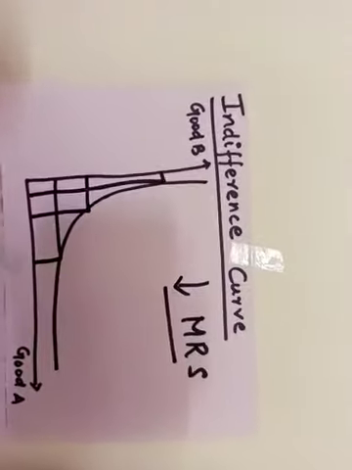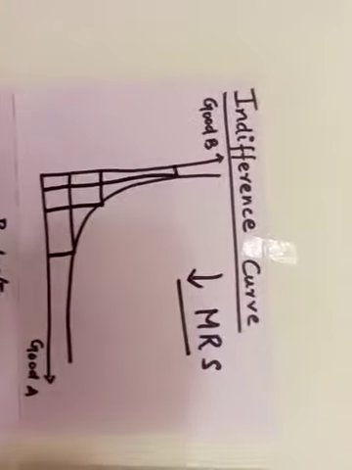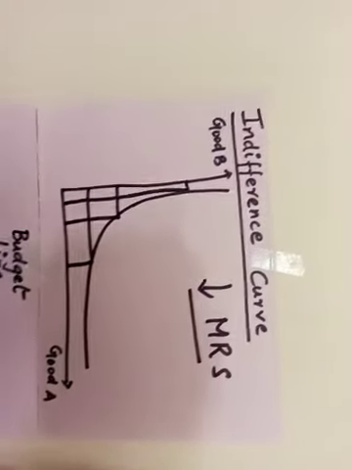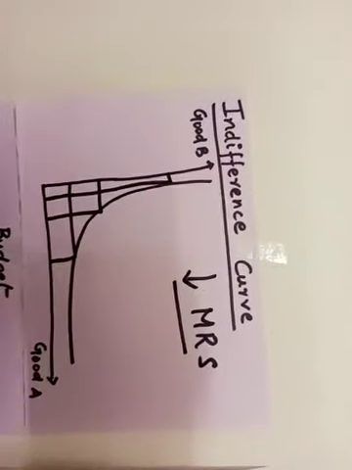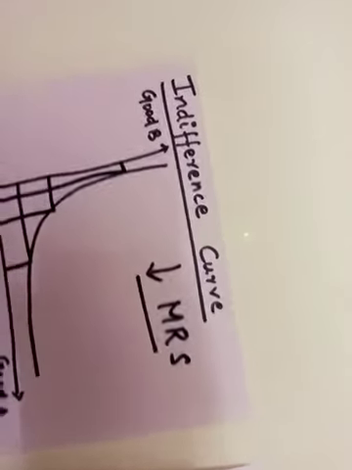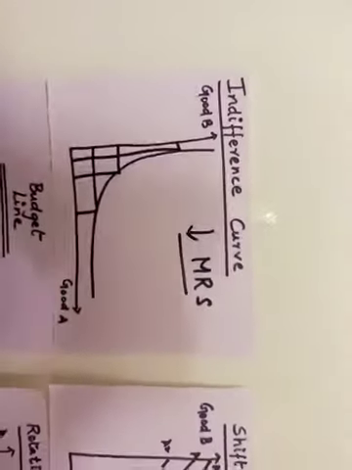So the curve which gives you all possible combinations of two goods that can be consumed with your given income, which gives you the same level of satisfaction, is called the indifference curve. The same level of satisfaction is the main important point here. If you don't add this in the definition, you will lose marks.